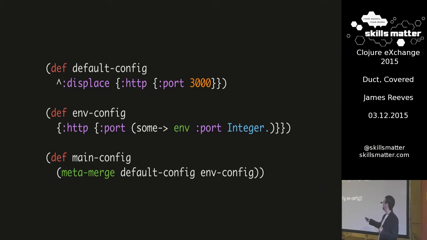And we've used this metadata here, displace, to say that this default data should always be replaced by something else. So we'll only use this as a last resort. And then we have this environment configuration, and we just pull this port from an environment variable. And then we meta-merge the two to produce our final result.